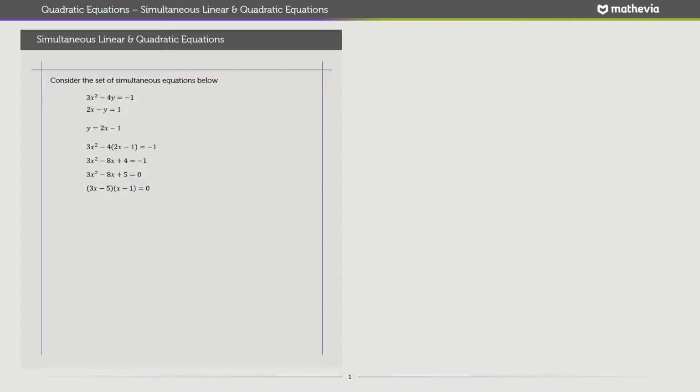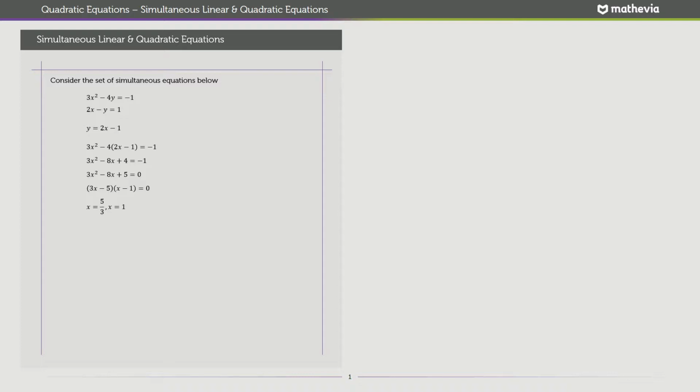You should end up with (3x minus 5)(x minus 1) equals 0, which tells you that x equals 5 over 3, or x equals 1. So we found our values for x. When you solve a set of simultaneous linear and quadratic equations, you always end up with two sets of answers. So basically you have x equals 5 over 3 and x equals 1.